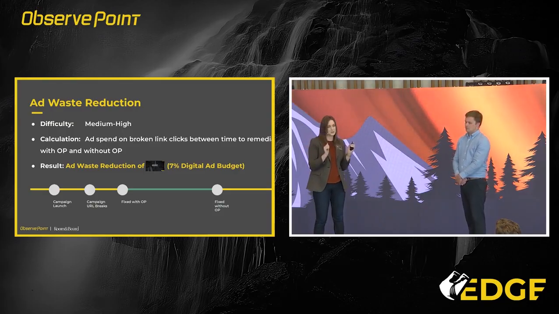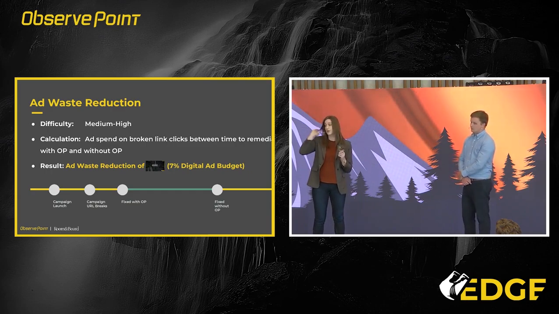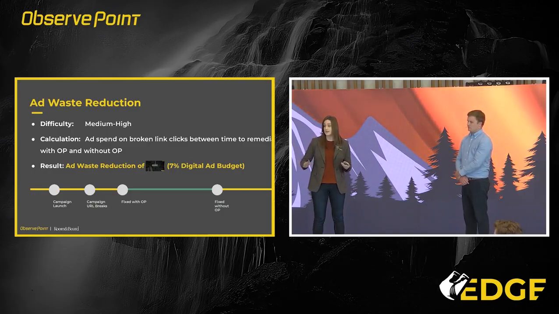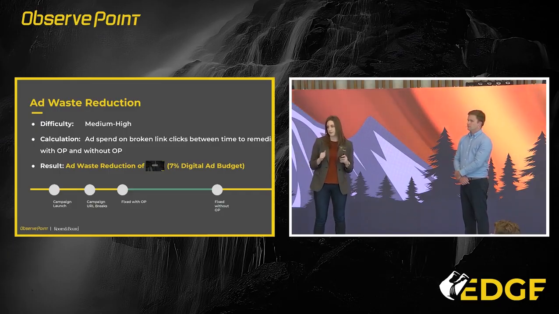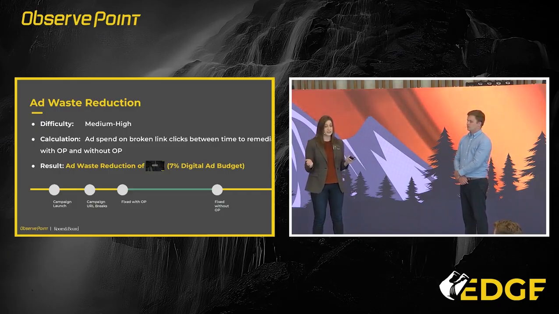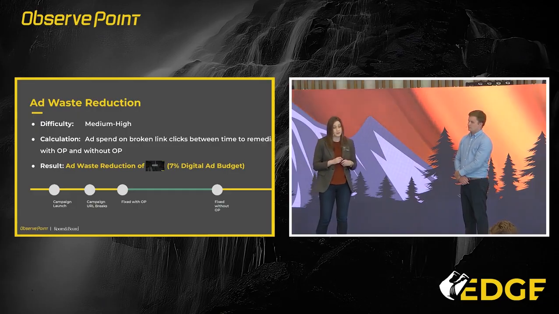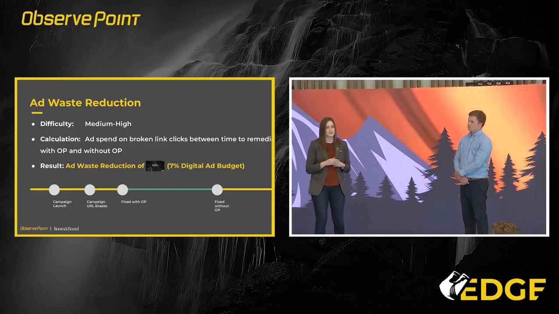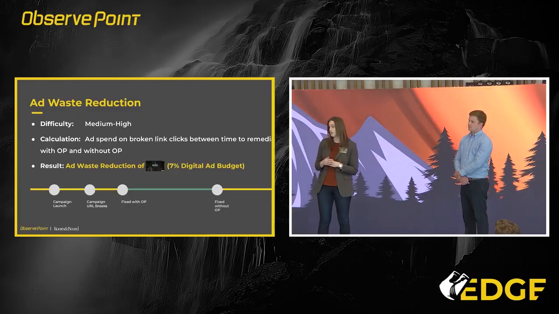And how much money did we spend on clicks or ads during that time period, before and after? That tells you how much you would have spent if you hadn't onboarded ObservePoint and reduced your time to remediation. And what that equaled for our business was 7% of our digital ad budget, or in numbers terms.